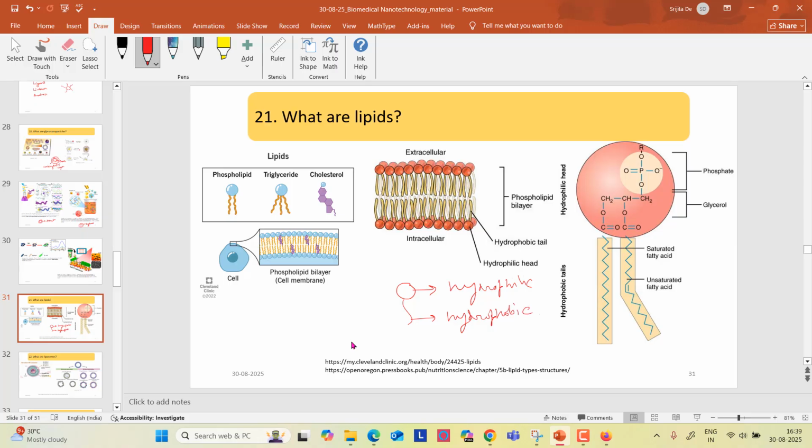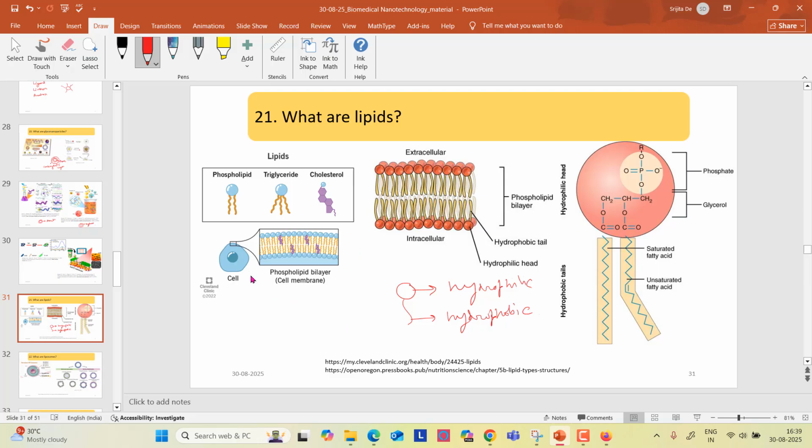From the examples also you can see. When there are two hydrophobic chains, that is called phospholipid. When there are three hydrophobic chains, it is a triglyceride, and some cholesterol and waxes are also called lipids.